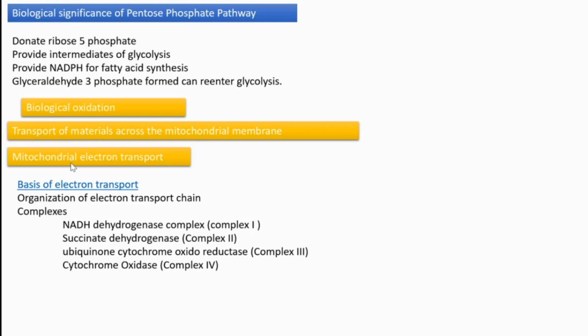So we are going to see the mitochondrial electron transport. This electron transport actually ends up in the final synthesis of ATP.